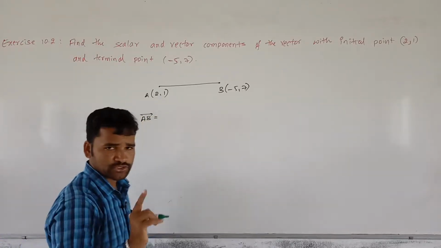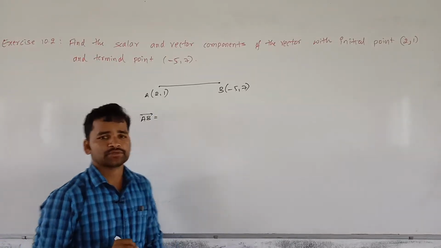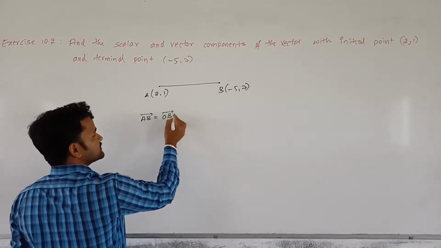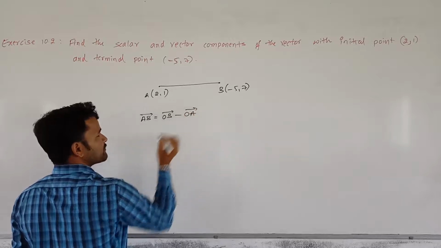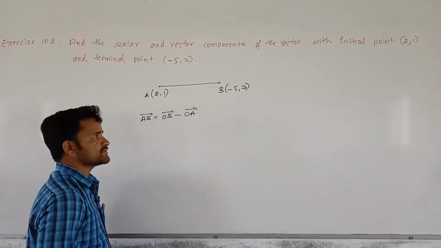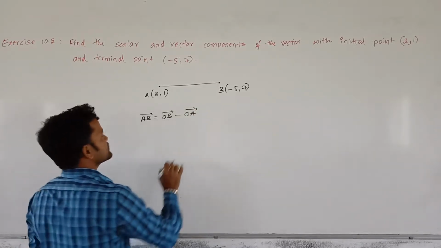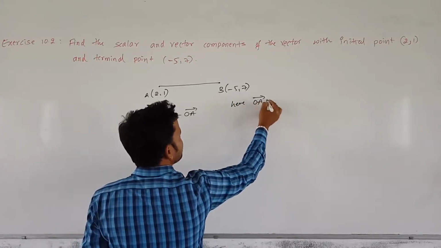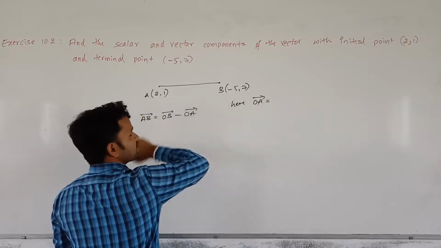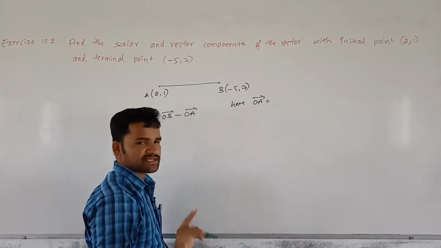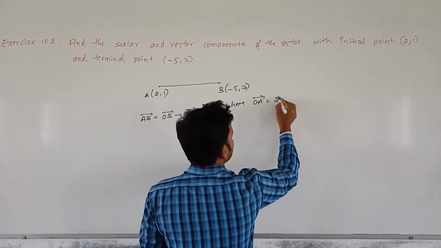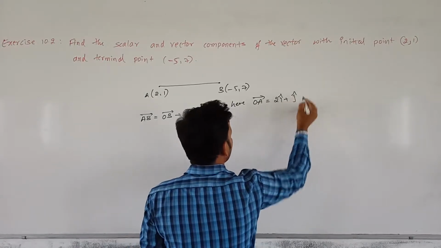This is a vector joining 2 points, which is nothing but the position vector of the second point minus the position vector of the first point. Here vector OA has the coordinates 2, 1, only x and y are there, no need to write z. This is 2i plus 1j.